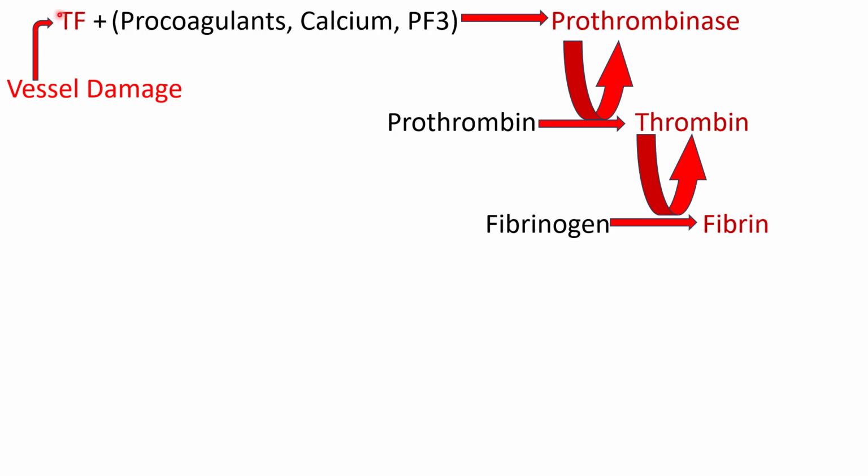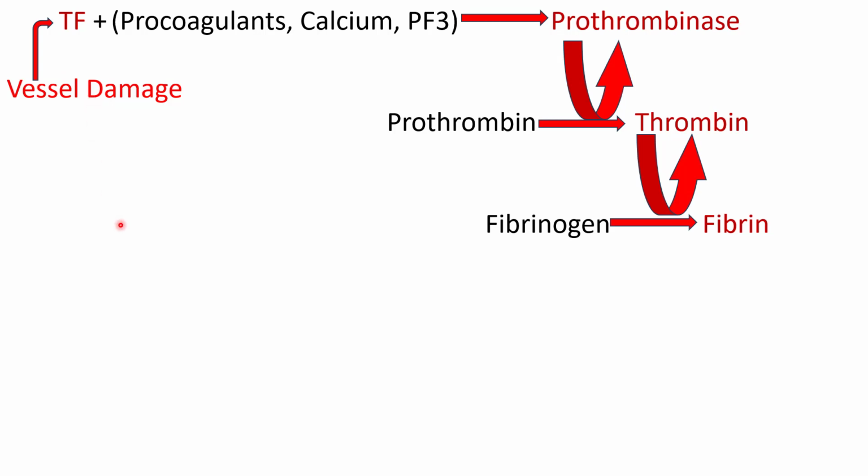And tissue factor should only be present when there is vessel damage or other tissue damage. So, vessel damage leads to fibrin, but fibrin should only be there if there is vessel damage.